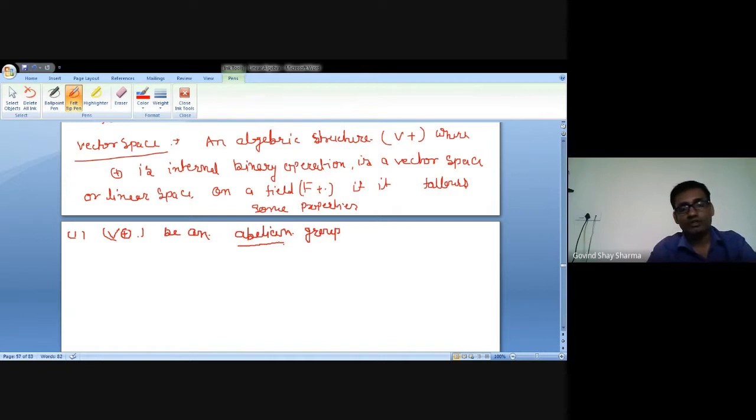Also, for abelian, (G, +) follows the commutative law. You can understand this abelian group concept from the abstract algebra series, where I discussed groups very deeply.